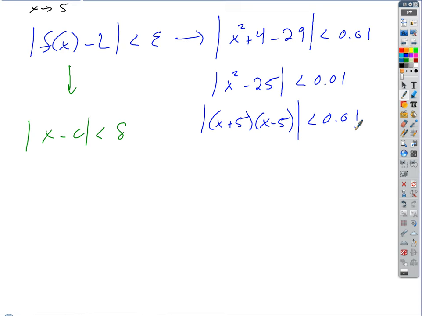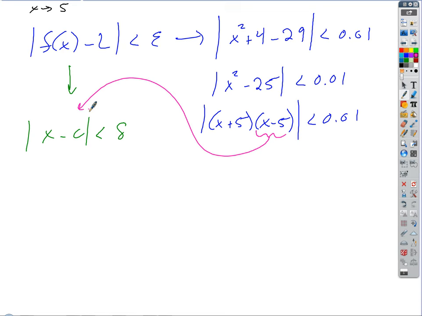Agreed? Okay, now, talk to me about this. Our goal is we want to make this look like the absolute value of x minus c, which is x minus 5, right? So this is what we need to have in there as x approaches 5. How do we deal with that x plus 5? Any ideas? I've got a quick question.